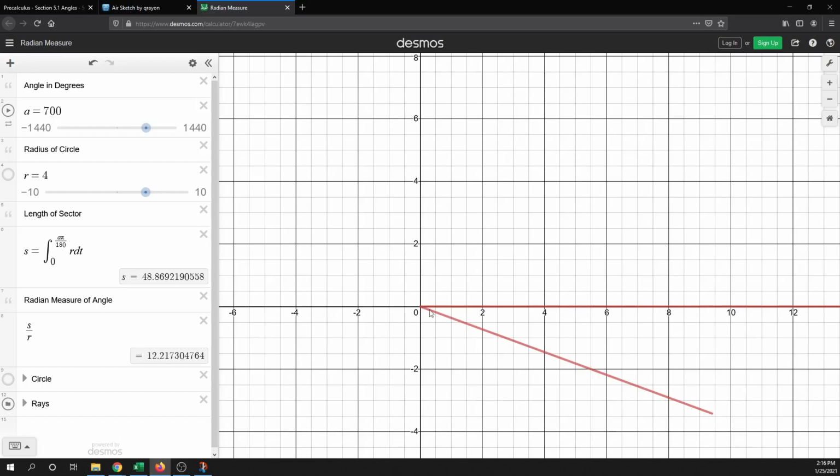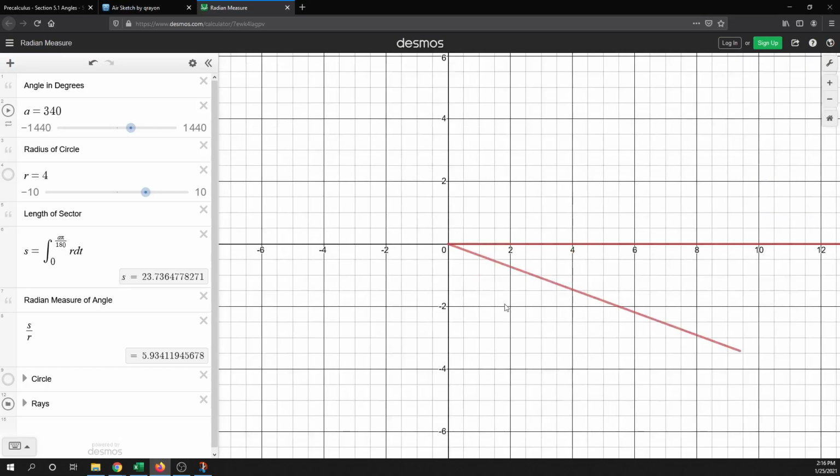If I look at 340, if I go back 360 to 340, you'll see that it has exactly the same initial and terminal side as 700. So they are coterminal.